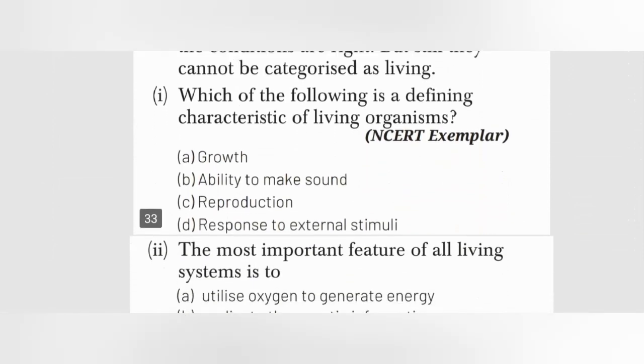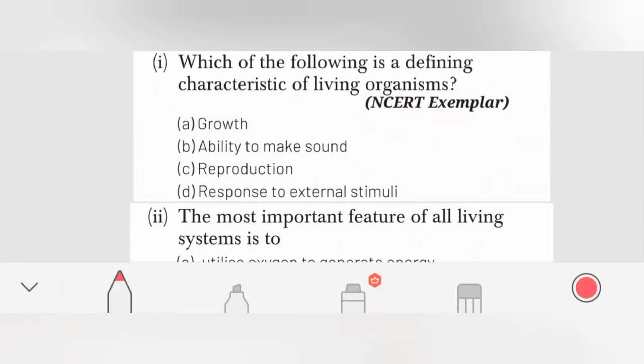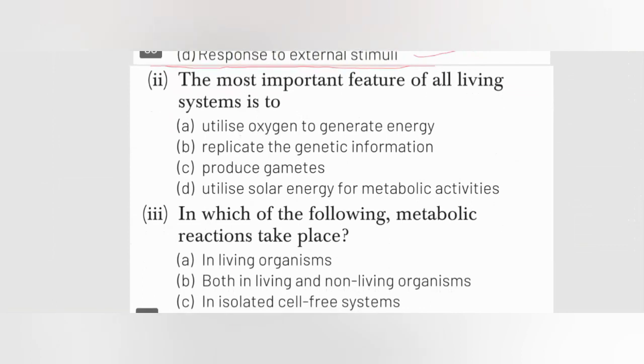So let's answer it. Which of the following is the defining characteristic of all living organisms? Options are A. Growth, B. Ability to make sound, C. Reproduction, and D. Response to external stimuli. So what is the answer? Yes, the answer is D, response to external stimuli.